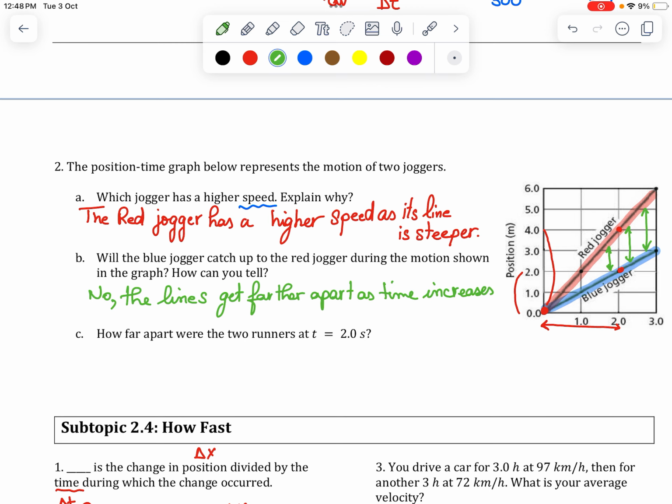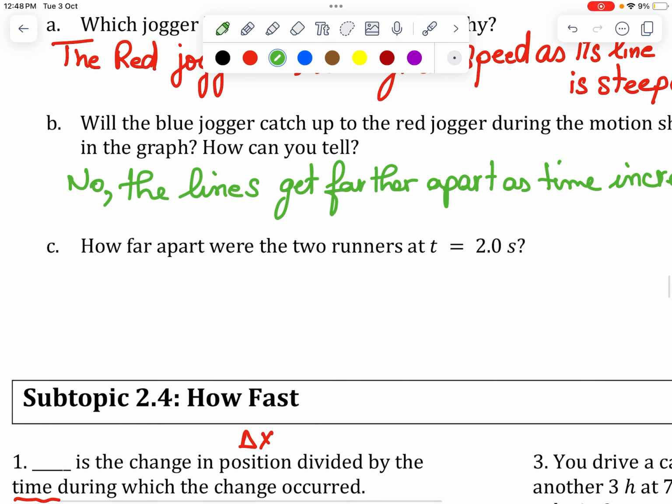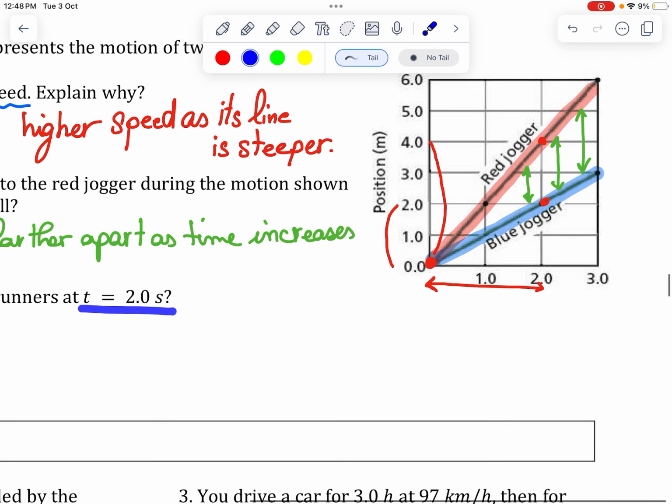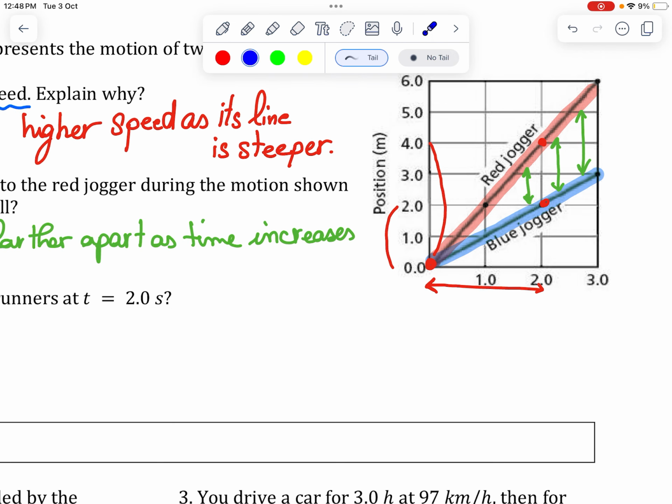Finally, how far apart means I need to find the distance between the two runners at the time equals 2 seconds.